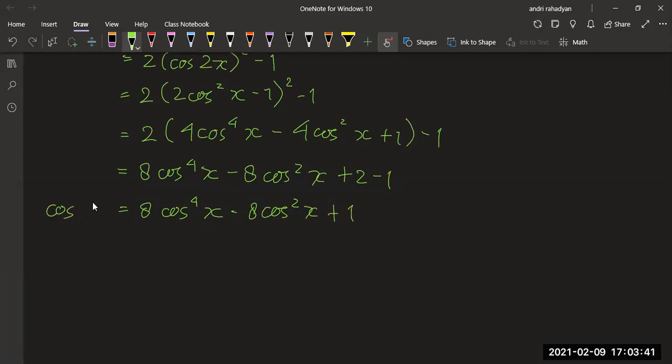This is cosine of 4x. So we got a equals 8, b equals negative 8, and c is 1. A, B, C are integers, right?